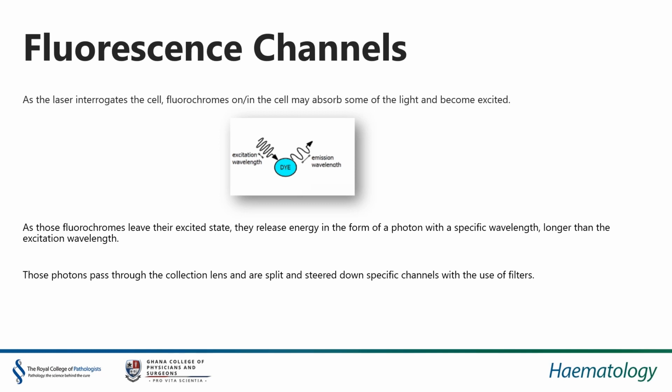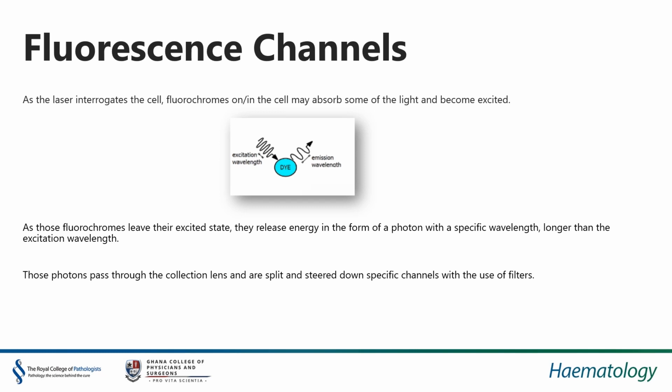As those fluorochromes or fluorophores become excited, they need to release this energy in the form of a photon of light, and we know the spectral properties of that dye. And we know that specific wavelength, or the emission wavelength, that is given off by that dye, and that is always longer than the excitation wavelength.